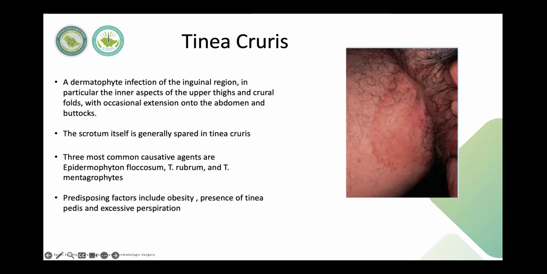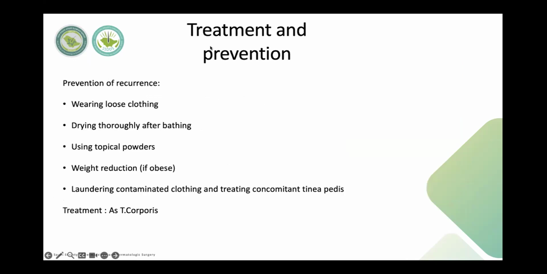And anytime you find tinea infection at any site of the body, you have to look for tinea pedis, because it could be the source of the infection in the feet. The treatment is the same, but for prevention: wearing loose clothes, drying after bathing, topical powders to keep the area dry, weight reduction, and so on.